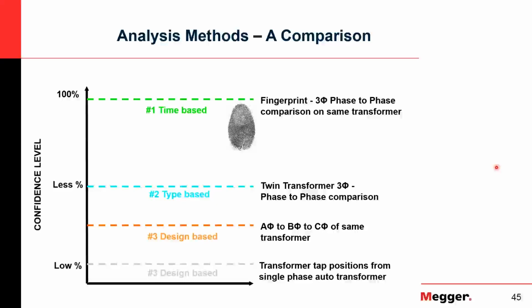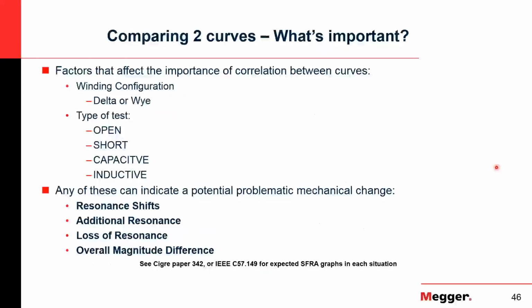So once again, we're doing multiple tests: open, short circuit, capacitive interwinding, inductive interwinding. But there are a lot of different things that can affect the test. If it's a delta winding or a Y winding, of course, the response is going to be different. Things to look for are resonance shifts, additional resonance or loss of resonance, and an overall magnitude difference.